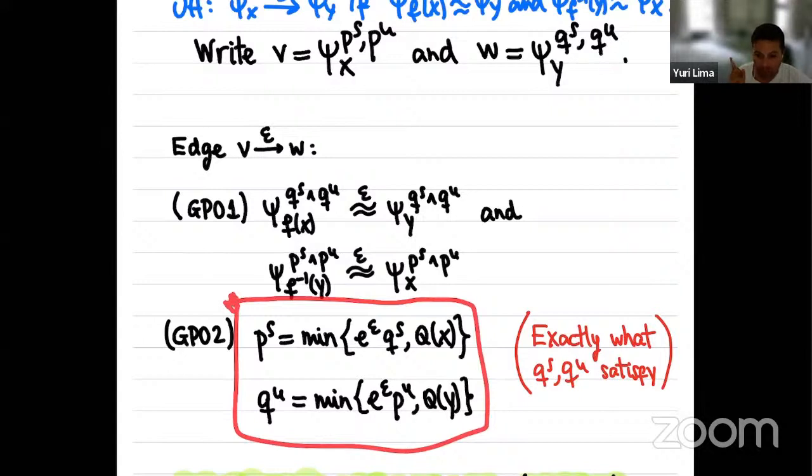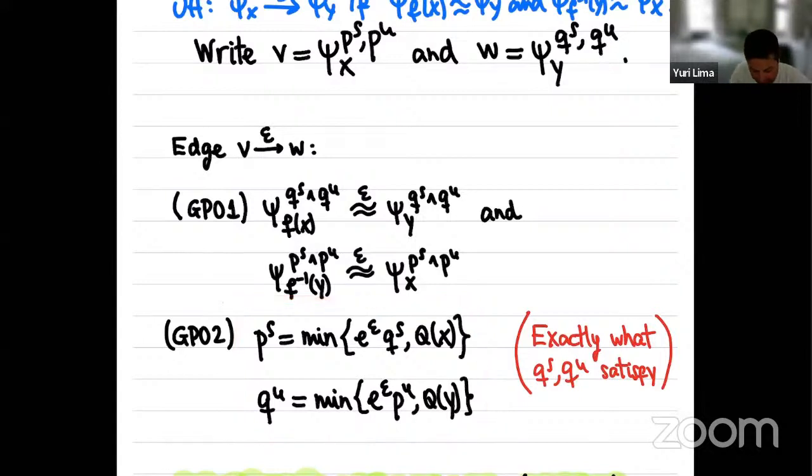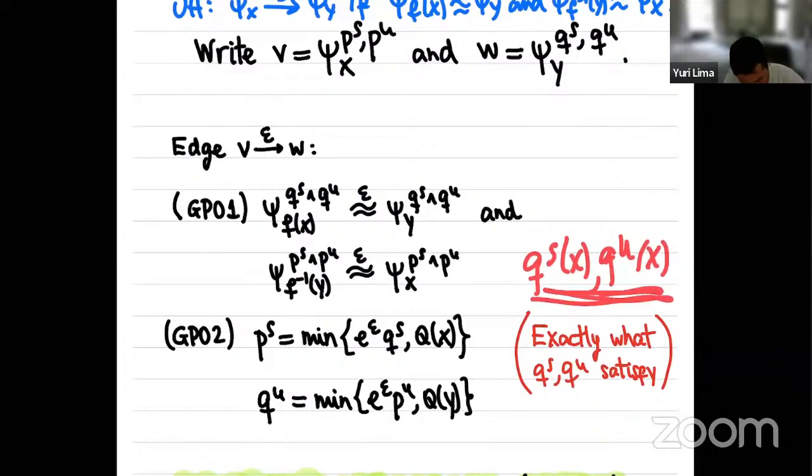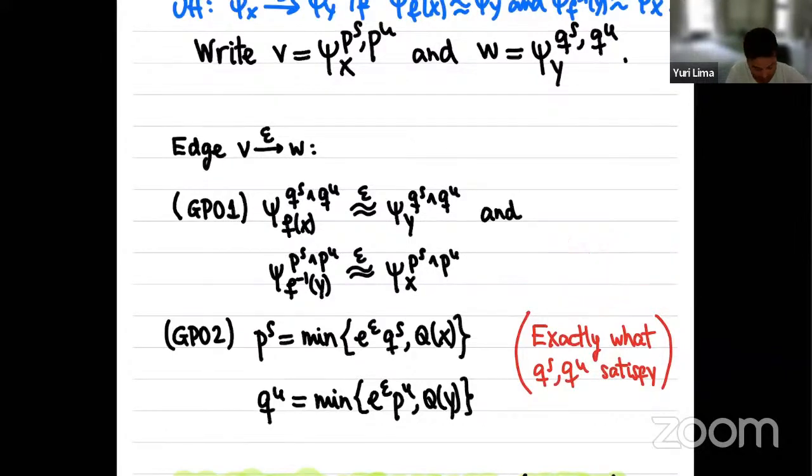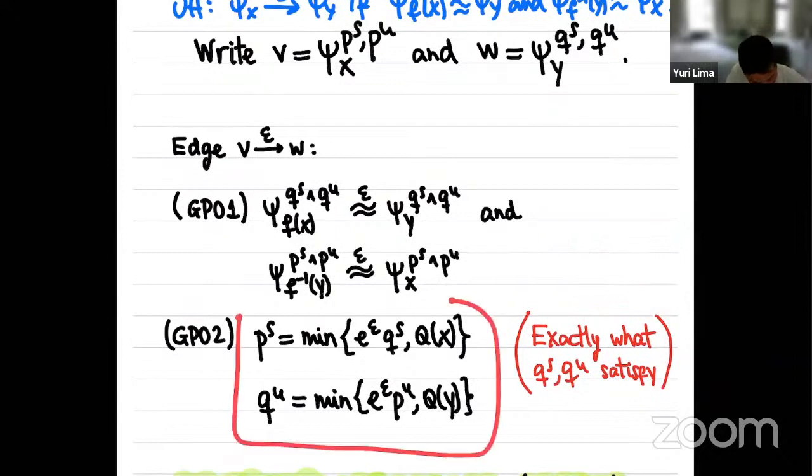Recall that we introduced the QS of x and QU of x, and we showed that they satisfy a recurrence condition. And the recurrence condition is exactly what we require for the PS, PU, QS, and QU here in the transition from one double chart to another.